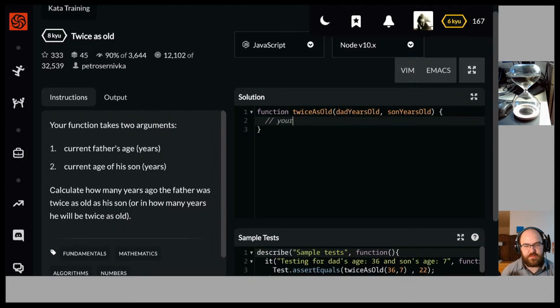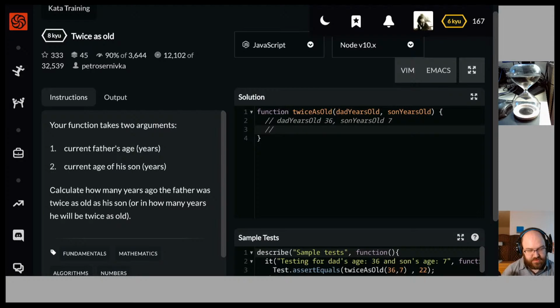So, dad years old 36, son years old 7. So if I think back to my algebra, we have simultaneous equations.